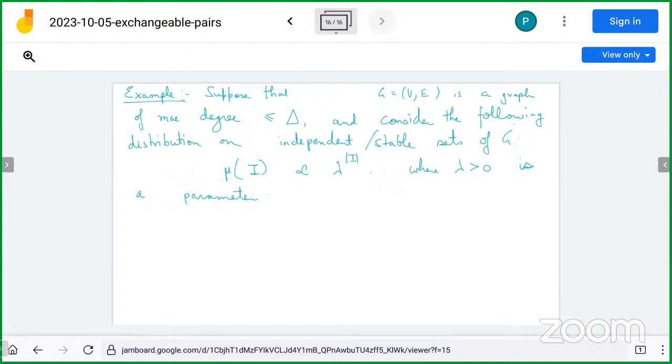Any adjacent things. If some vertex is in the independent set, neighbors cannot be. This is very high dependence. Extremely high dependence. But yeah, you're close.